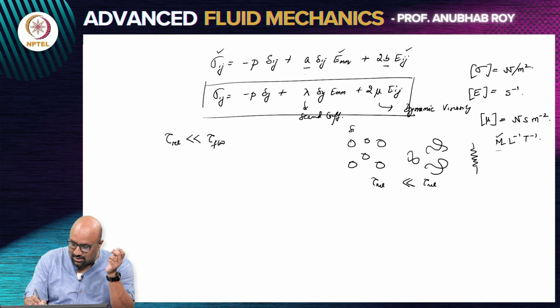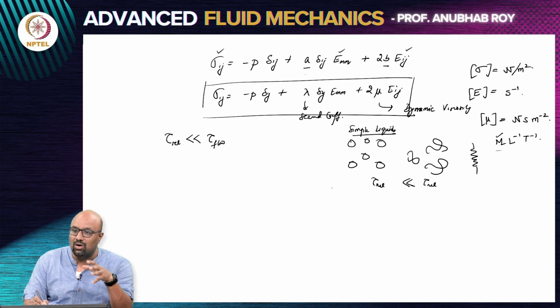So, there is a term that is often used called simple liquids in terms of what we are actually doing here, in contrast to what is often known as complex liquids or complex fluids. So, we are dealing with simple liquids. We are dealing with scenarios where the relaxation time scale is significantly smaller than all your flow time scales.